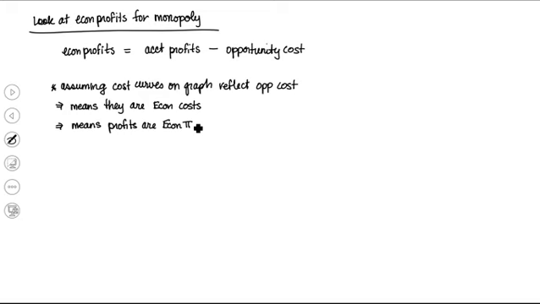So let's look at this graphically. And again, I want to remind you folks, nothing new here. We're doing exactly what we did under perfect competition. So keep it simple. We're not learning any new material here. So let's find economic profits for this monopolist.